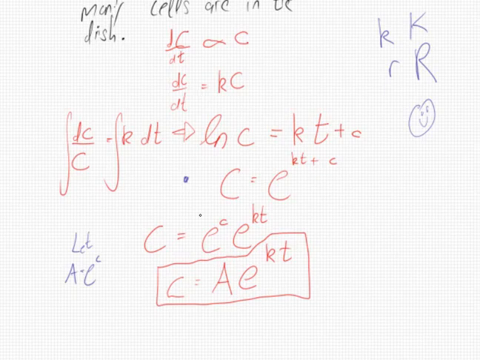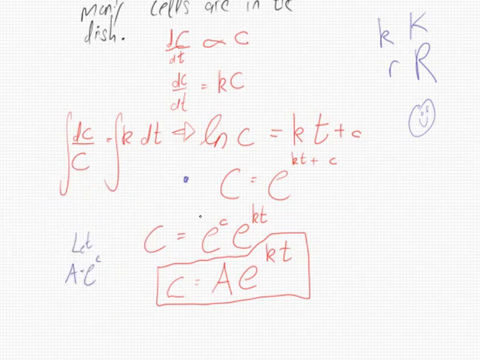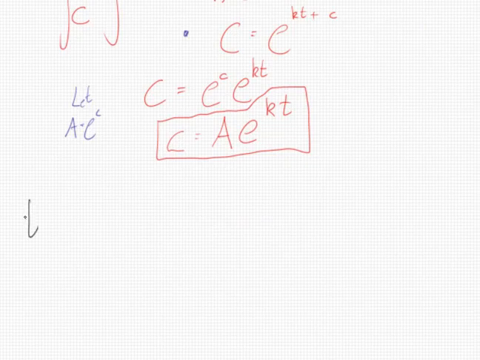I brought the dt up to the right and the C down to the left. Why? That's what we did in the last lesson. Come on, guys, get focused now. Now look, the reason I rewrote it like this is because you did these problems in semester 1, question 4 of the exam, where you have to find the A and the k after I give you some information. So for example, I would say, at the beginning, there was one cell.